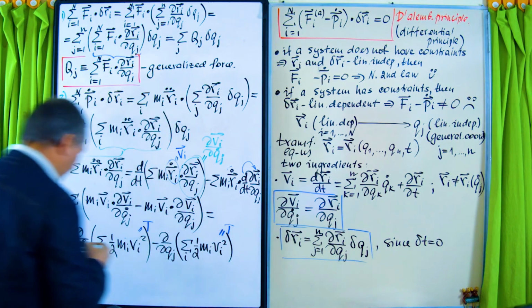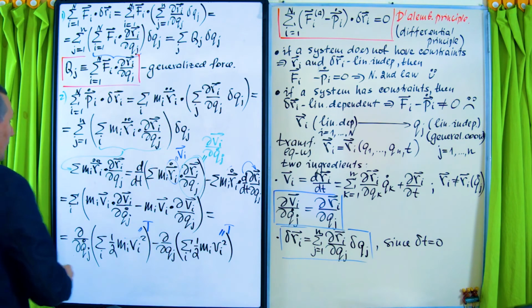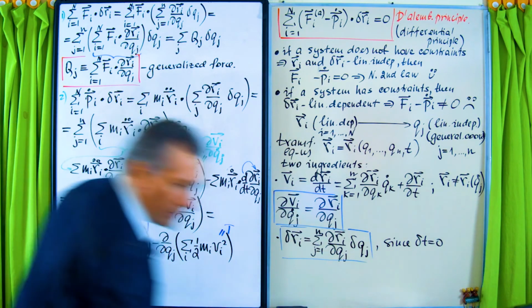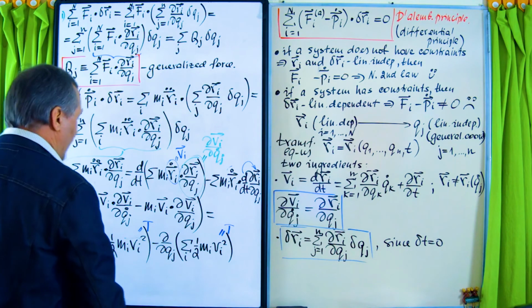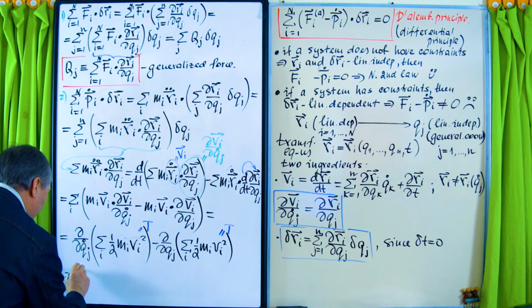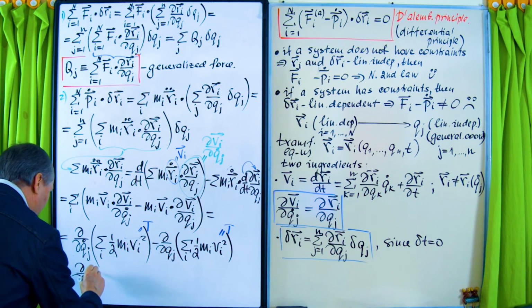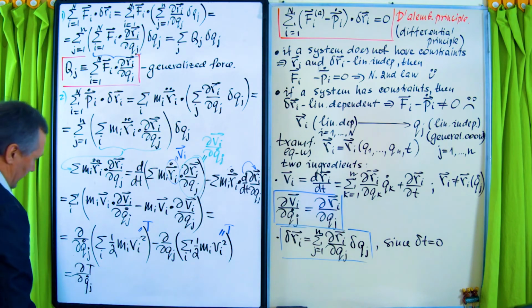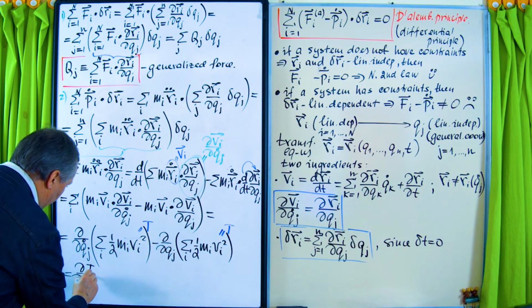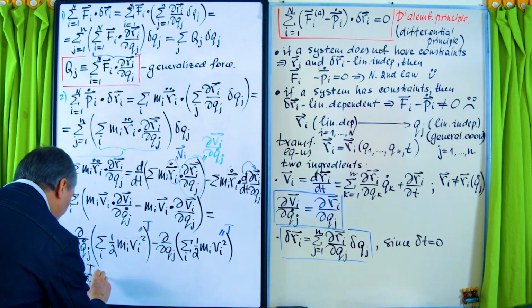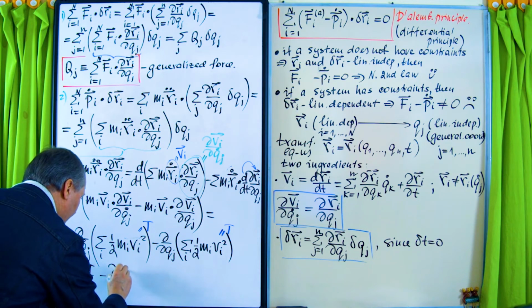And as a result, we are getting a very nice expression. Immediately, d over dt of the partial derivative of T with respect to qj dot, minus the partial derivative of T with respect to qj.